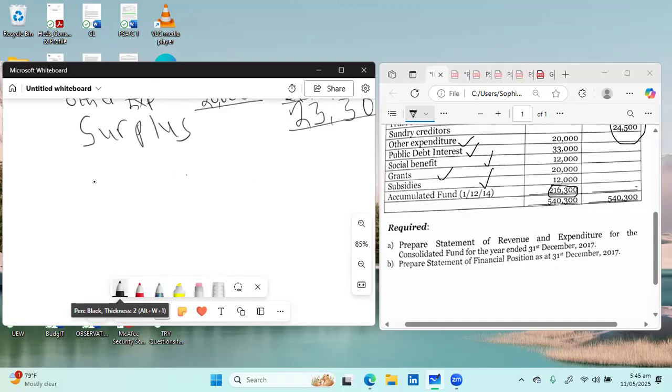In the public sector, they call it accumulated fund. So we can say accumulated fund accounts.